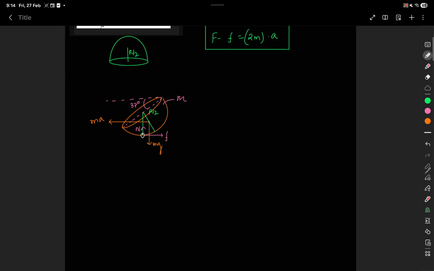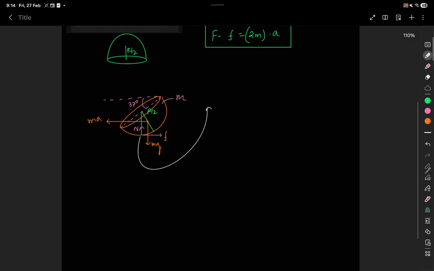As this is 37 degree, you can write this angle also 37, this angle is 53, and this angle is 37, right? So if this is r by 2, this one will be r by 2 cos theta, and this one will be r by 2 sin theta.